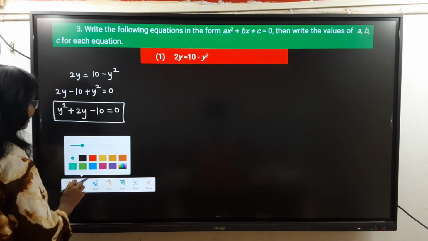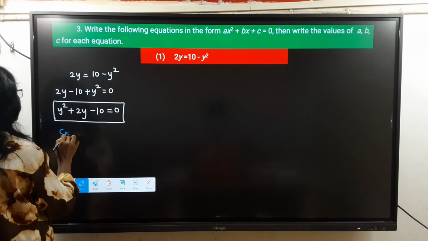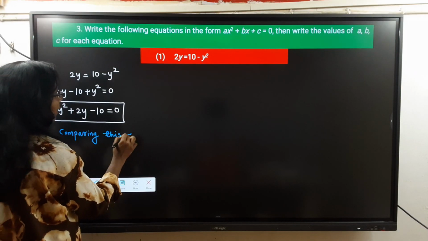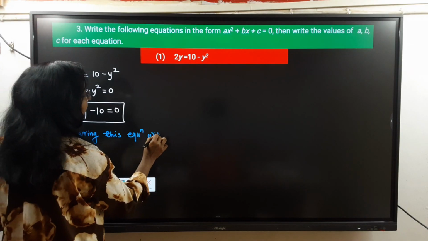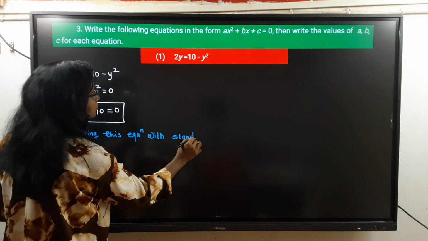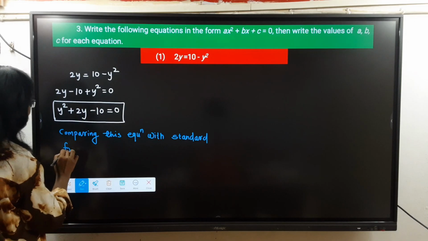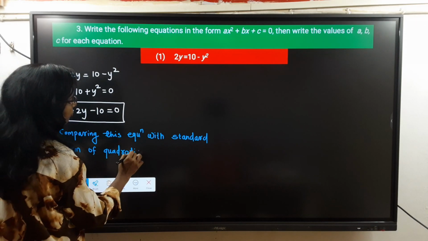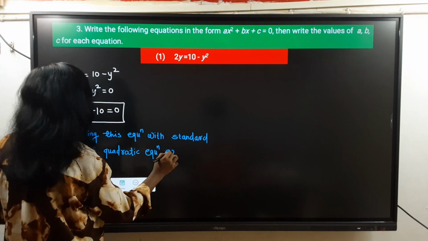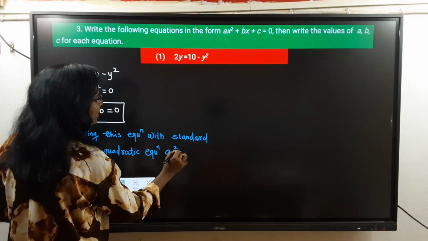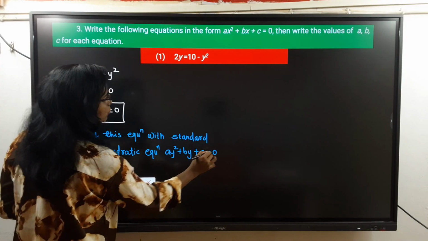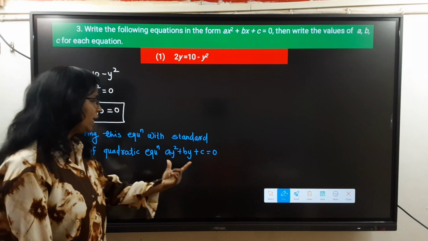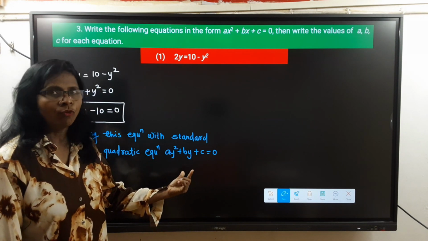So here we can say that comparing this equation with the standard form of quadratic equation, ay square plus by plus c is equal to 0. So now here this is the standard form, or we can say the general equation of the quadratic equation.